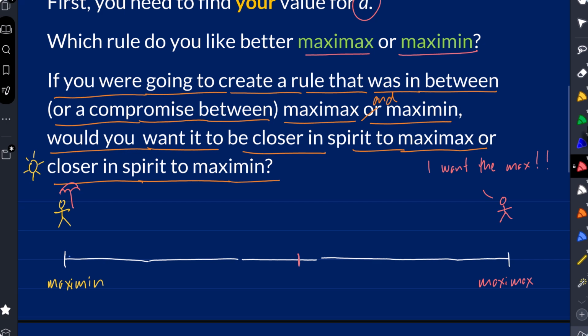Okay, so then the idea is to place yourself somewhere on this spectrum. Are you, say, over halfway and getting kind of close to maxi-max, or are you closer to maxi-min, somewhere down here, say? So for myself, let's say that I'm right here.